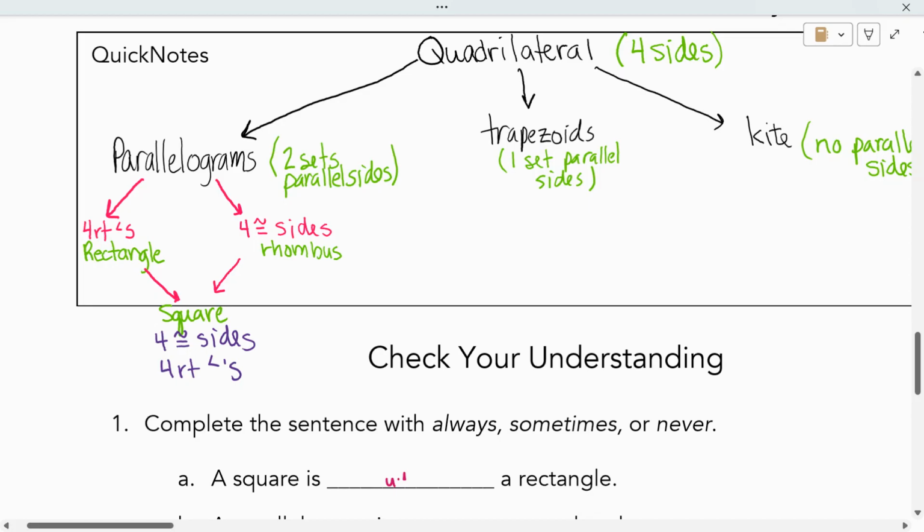And then when we think about our trapezoids, the 1 set of parallel sides, we also had an isosceles trapezoid. It had a set of parallel sides and it had 1 set of congruent sides, right?